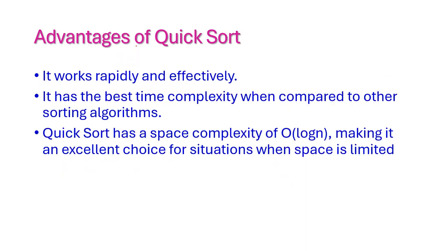Now let us see the advantages of quicksort. It works rapidly and effectively. So the name is quicksort. It will do very fast when compared to our previous algorithms, but this is not the best one. It has the best time complexity when compared to other sorting algorithms like insertion sort, selection sort, merge sort, and bubble sort.